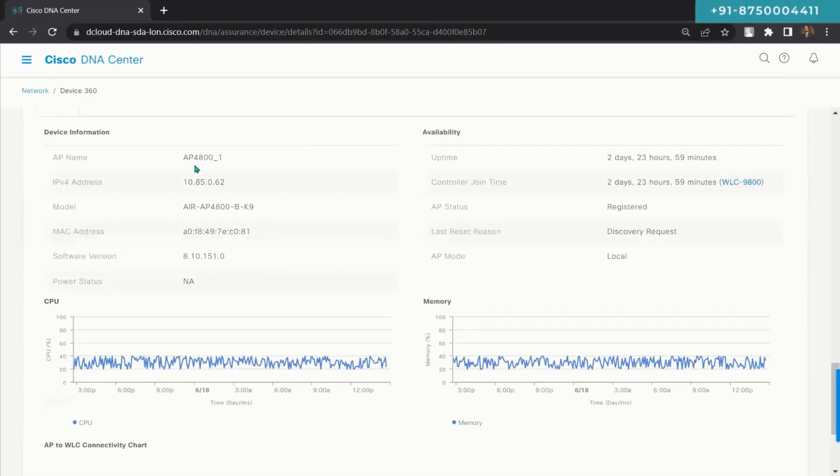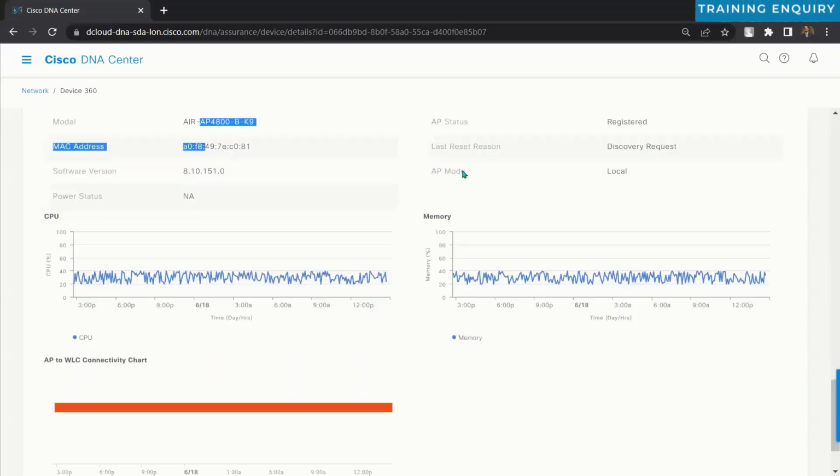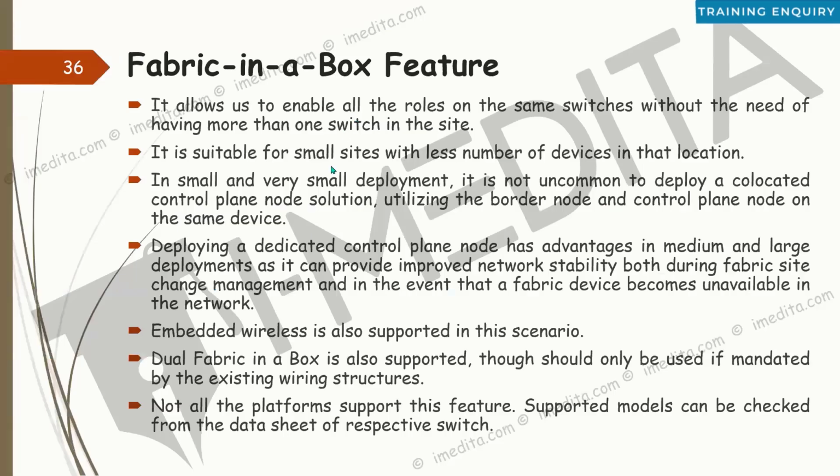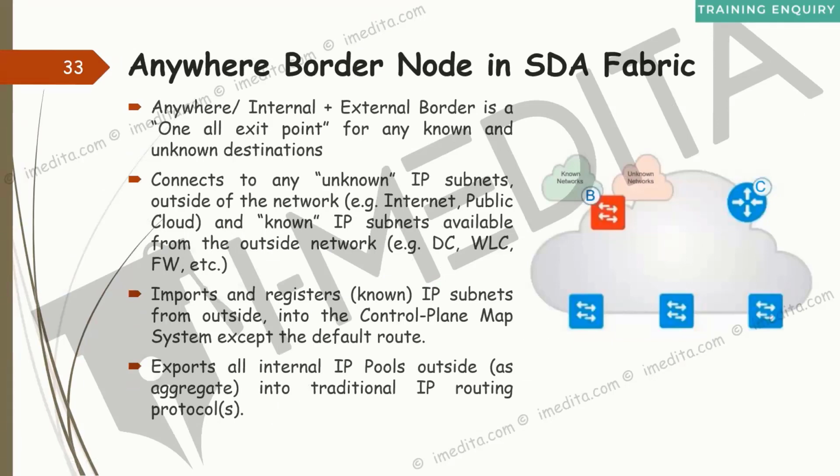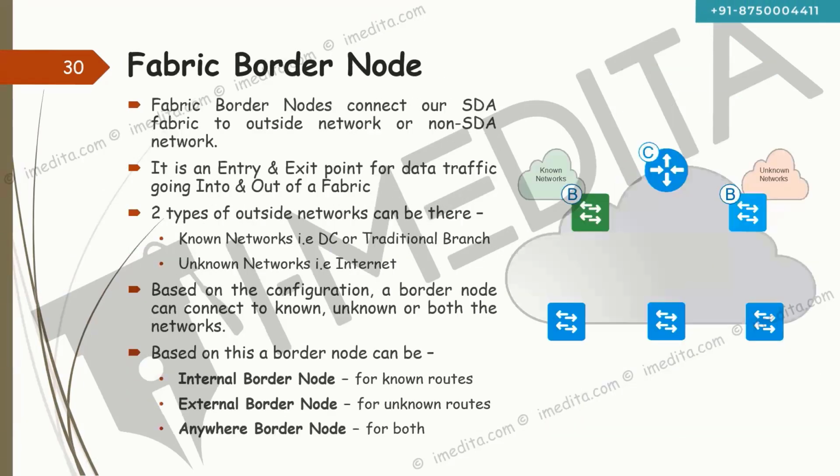What are the users? What is the AP name? CPU utilization, uptime, and everything. So these are all the physical devices that we have here in our SDA infrastructure. These are the different types of devices and roles. Basically, this is it about all these physical layers in the SDA infrastructure.